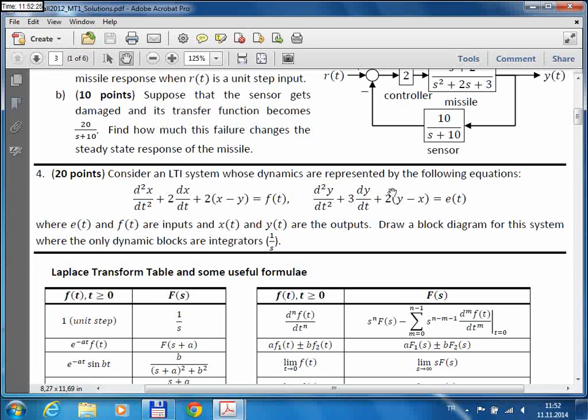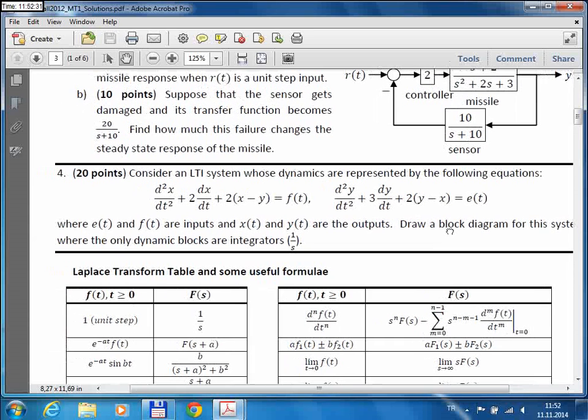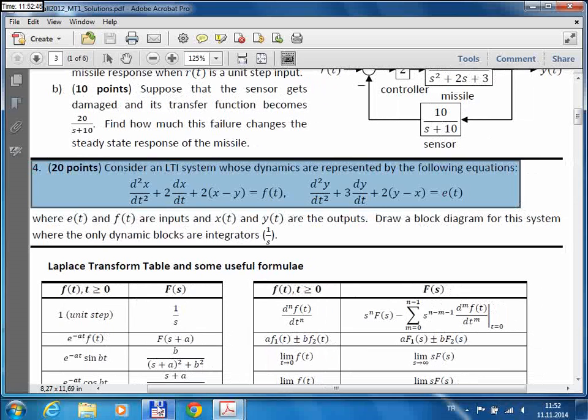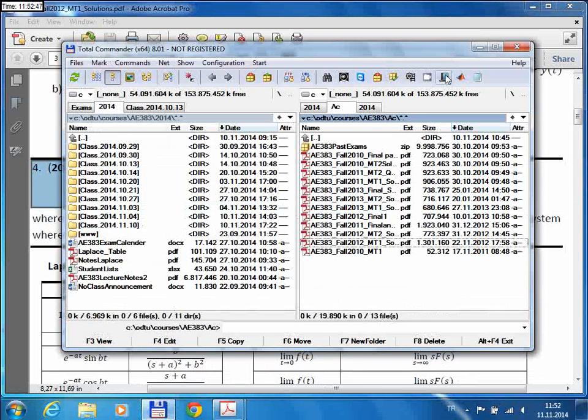These differential equations are given, and in this question it is asked to draw a block diagram for this system. Since we haven't talked about block diagrams yet, we cannot do that at the moment. But still, we can take this question and play with it. For example, we can obtain the transfer functions for this system, and maybe it's a good idea to do that.